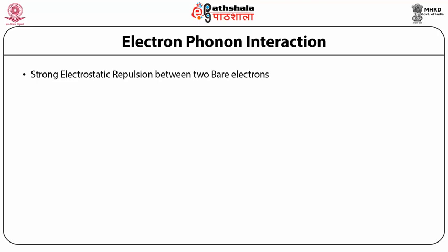Strong electrostatic repulsion between two bare electrons is basically the Coulomb potential we all are familiar with. That is V of r minus r prime, with the two bare electrons placed at coordinates r and r prime, is equal to e square divided by 4 pi epsilon naught mod of r minus r prime.